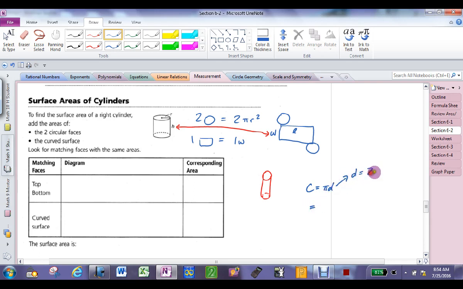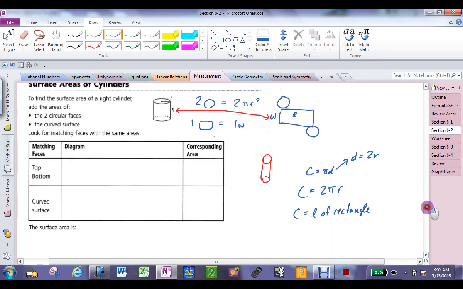D equals 2 r's, doesn't it? So does that not mean that the circumference can equal 2 pi r? 2 r's and a pi. Does everyone agree? Yeah. And circumference also equals the length of the rectangle. Right?